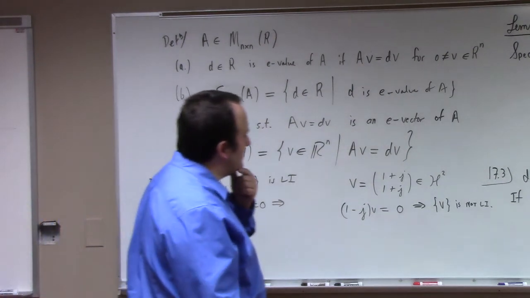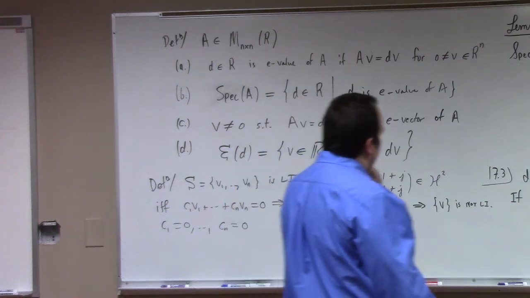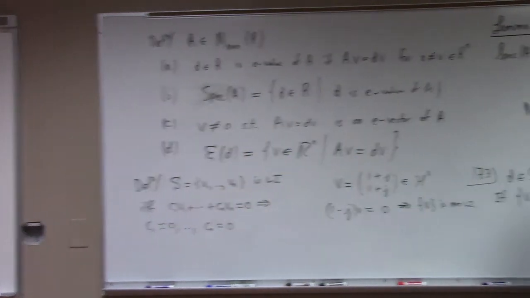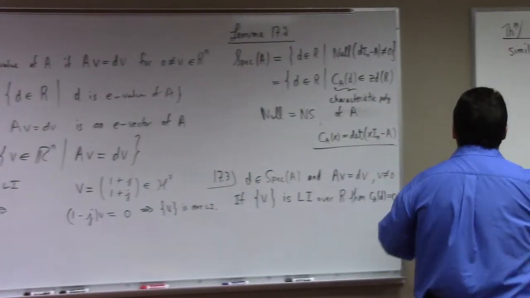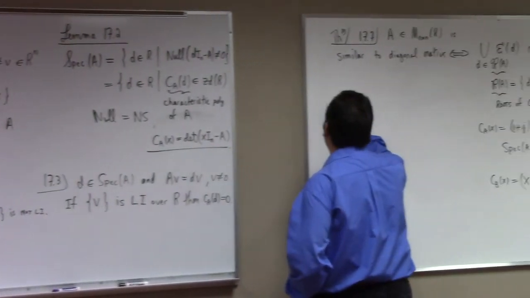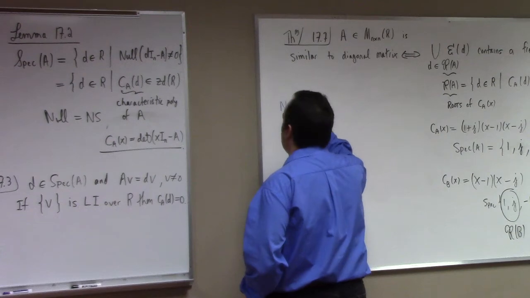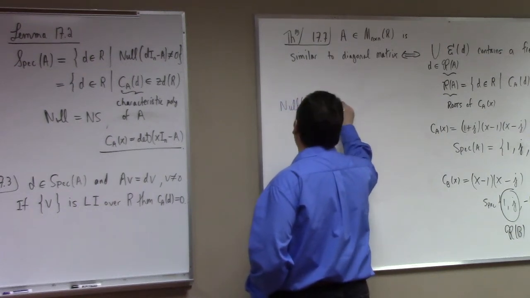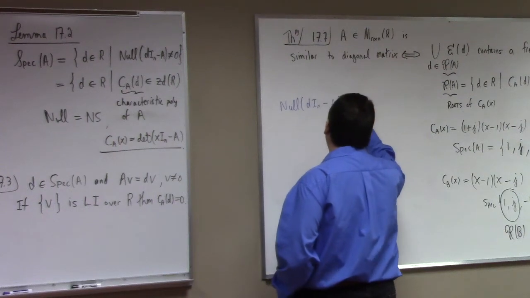All right, so this null space, the null space of dIn minus A is not equal to 0, right?